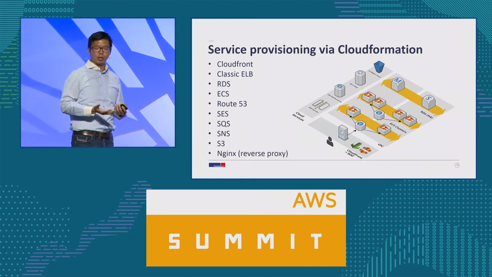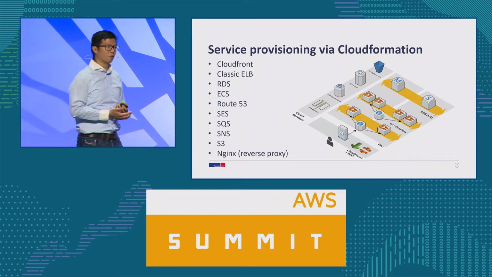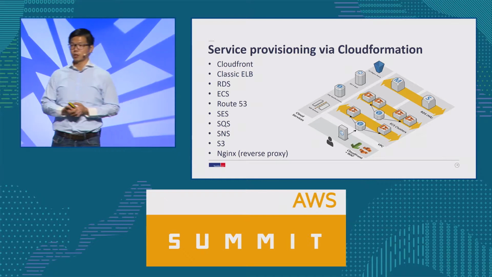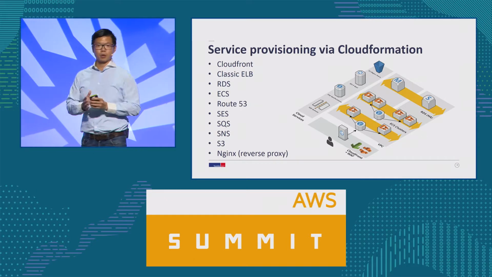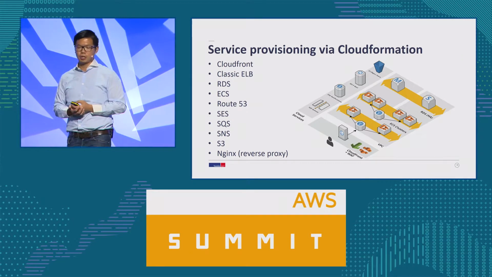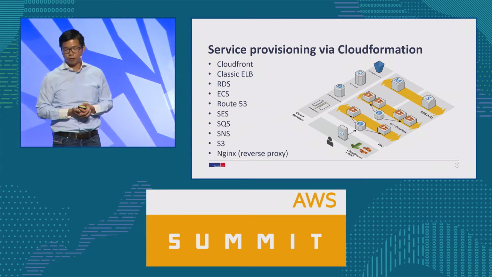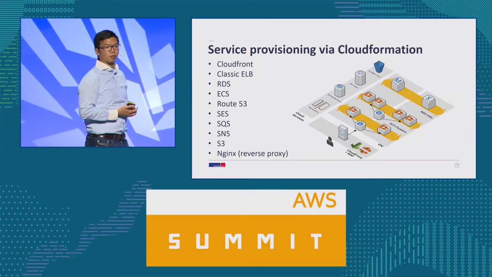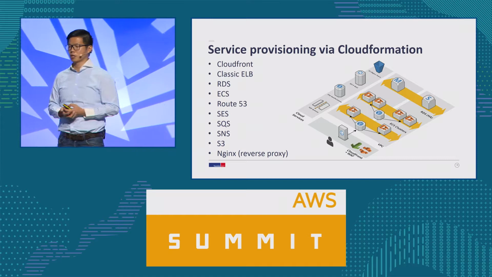We have an API gateway in the form of an Nginx that acts as a reverse proxy to surface the request and decide where that request will go into our ECS cluster. As you can see, we also use RDS, and underneath it we use Postgres to host our transactional data.